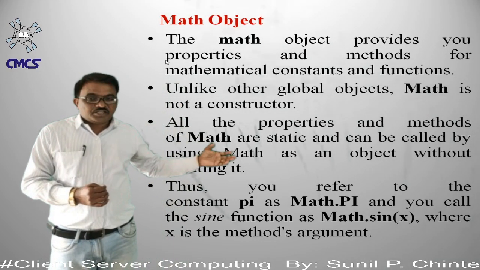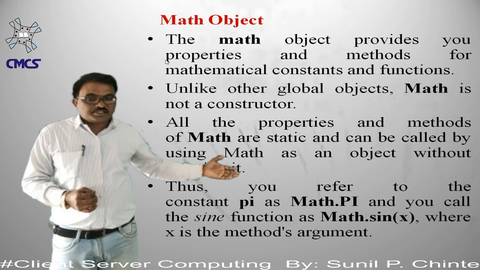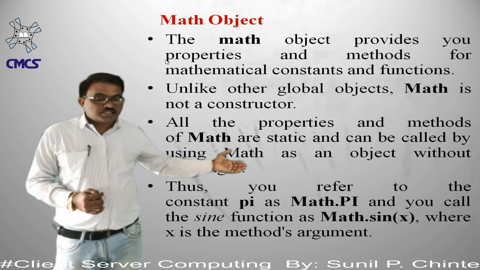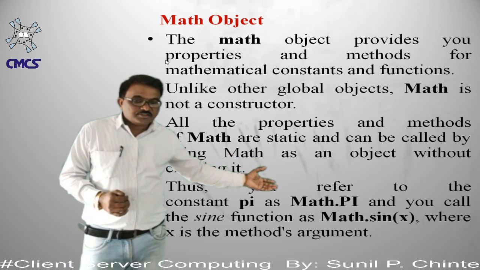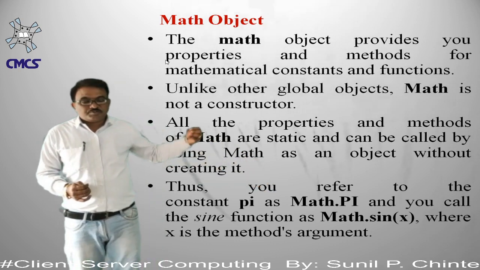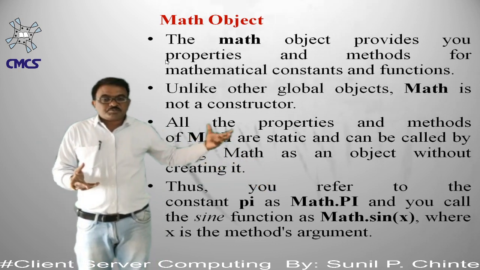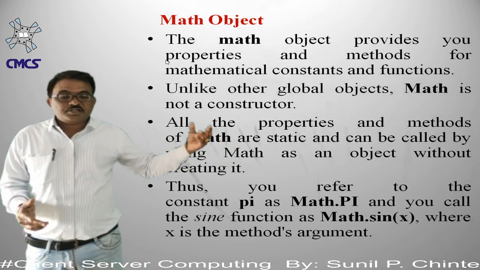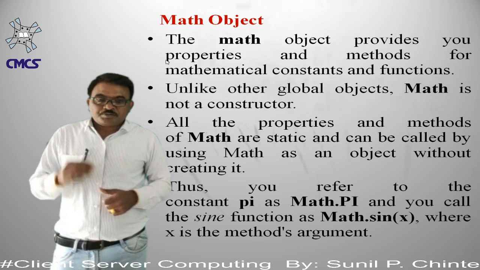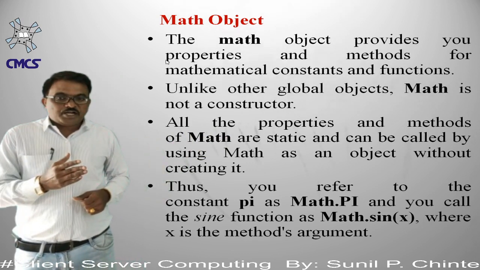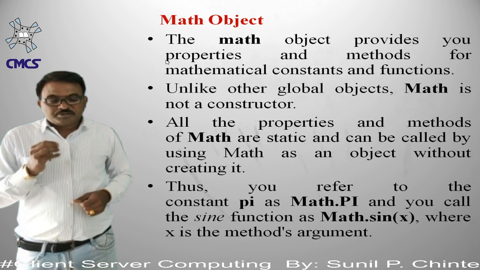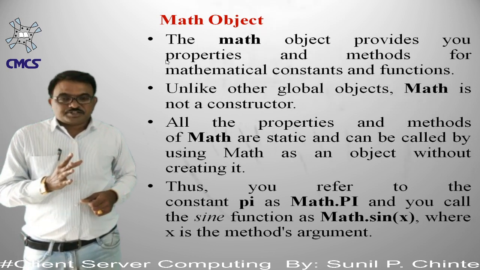But here we can directly call, just like Math.PI, Math.sin. Sin is a method through which we can perform some operation. So how can we invoke it? Directly by using Math dot. So what is a math object? The math object provides properties and methods for mathematical constants and functions.